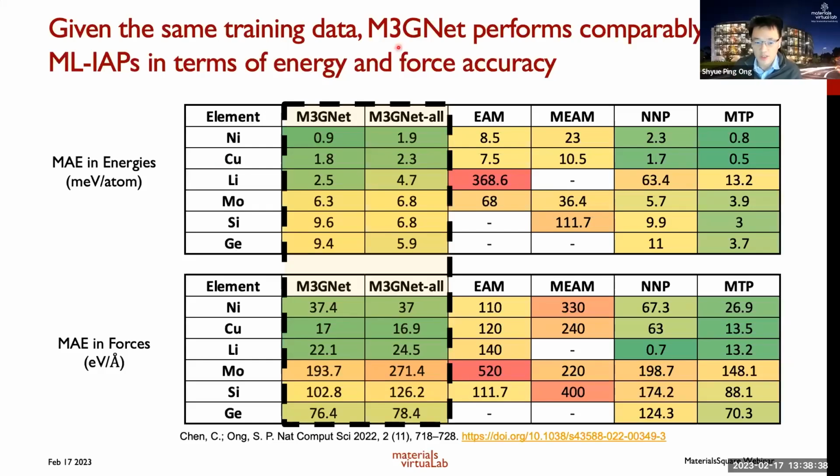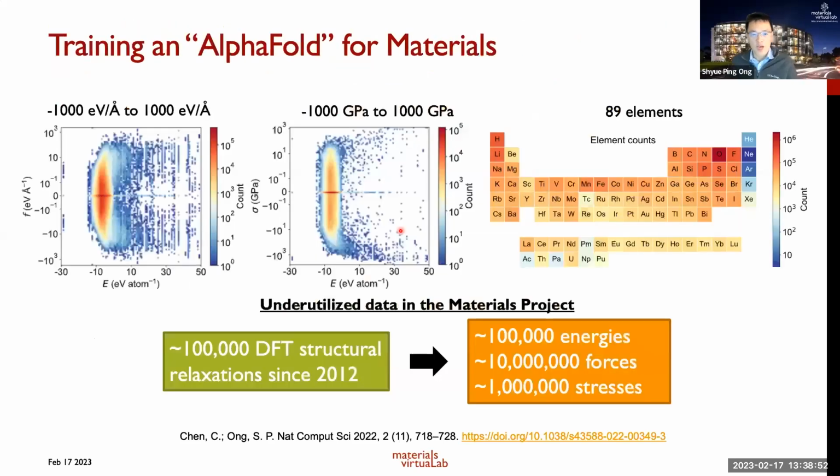And you will notice that the errors do not change, right? So in other words, this M3GNet architecture has the advantage of being extremely flexible in terms of chemical complexity.